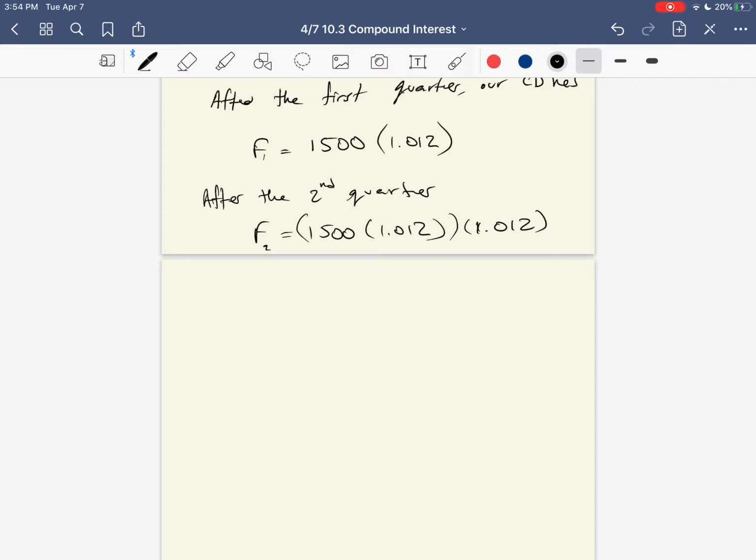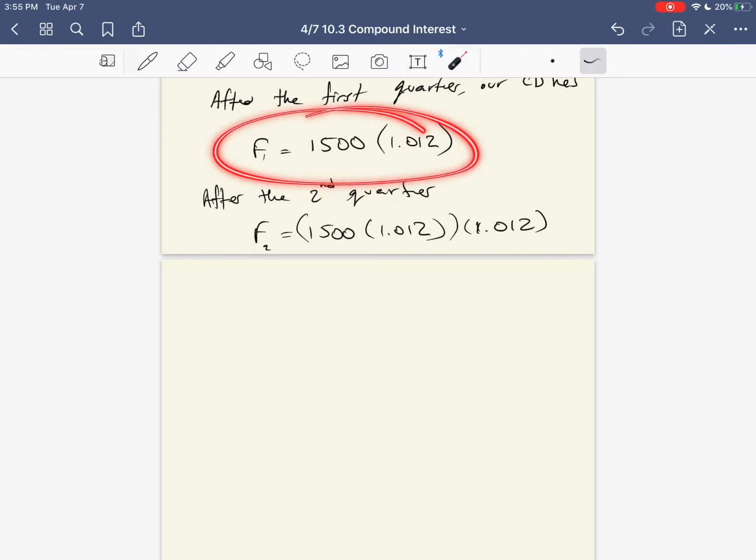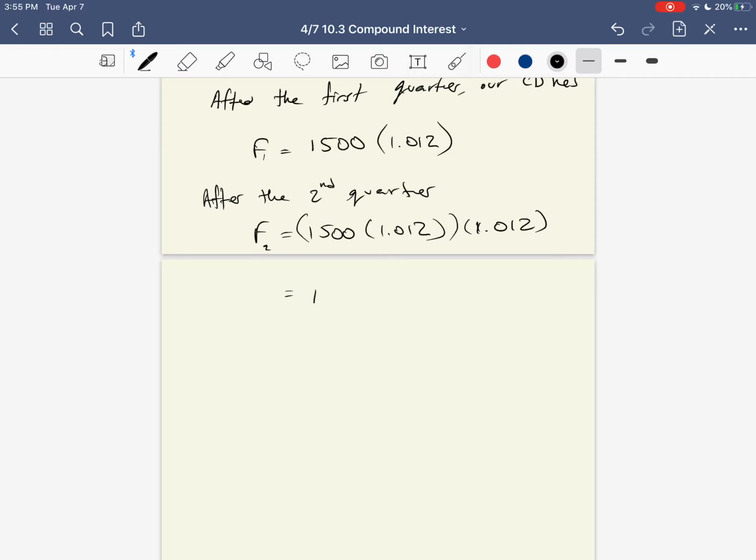Right? Because that's what happens when we compound interest. We now charge interest based not just on the principal, but on the whole sum that was in the account at the time the interest was charged. Good. So this is the same thing as 1,500 times 1.012 squared.